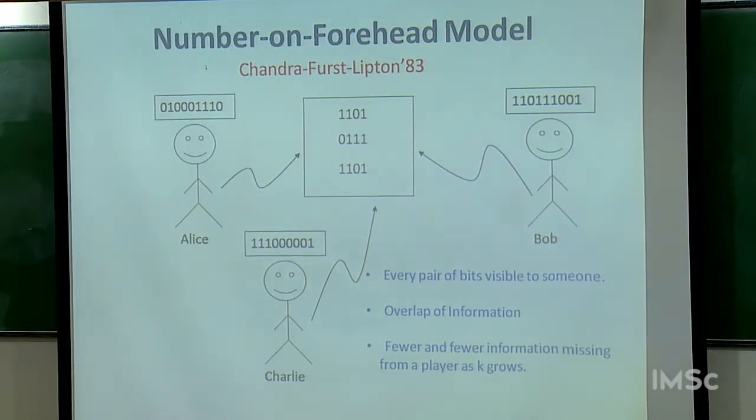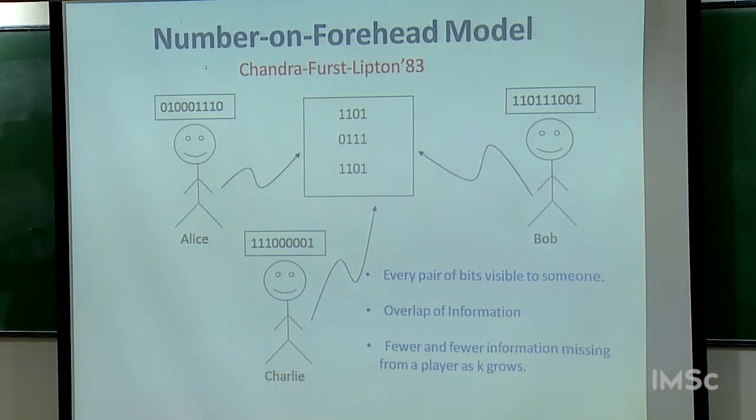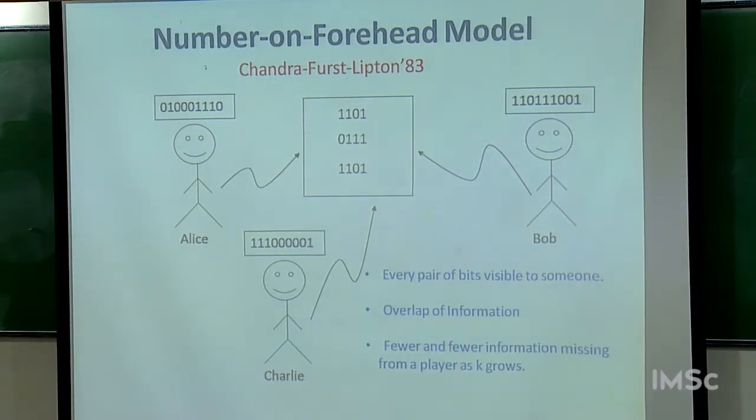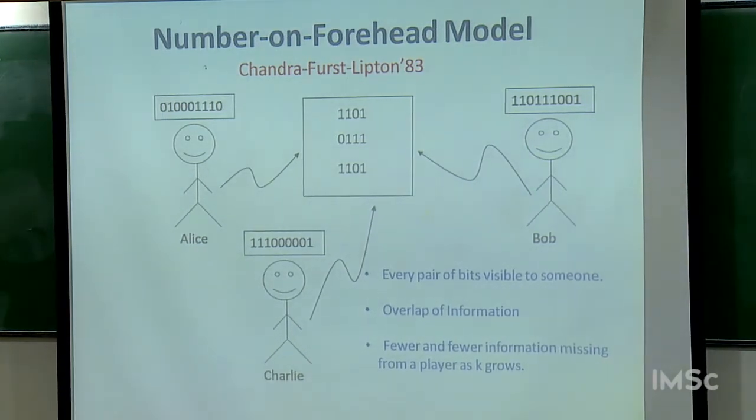Okay? And as the number of players grows, so right now I have 3 players, but if the number of players keeps growing, then less and less information is missing from a player. A player is missing just the information written on her forehead. And that, as a fraction of the total input, is decreasing as the number of players grows. So understandably, if the number of players is large, this model can become very powerful.